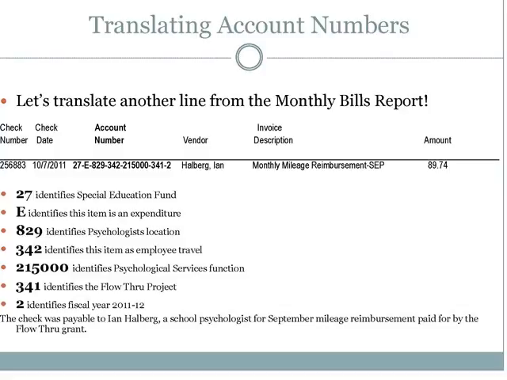The other information is identifying that the check was payable to Ian Helberg, a school psychologist, for September mileage reimbursement paid for by the flow-through grant.